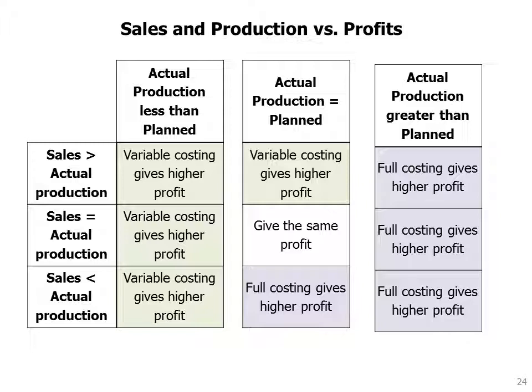If sales equals actual production and actual production is the same as planned, then we'll get the same profit. And if actual production is the same as planned, but sales is less than actual production, then full costing will give the higher profit. And that's because only a portion of the manufacturing overheads for that period have been taken through under full costing, while all of the costs have been taken through under variable costing.